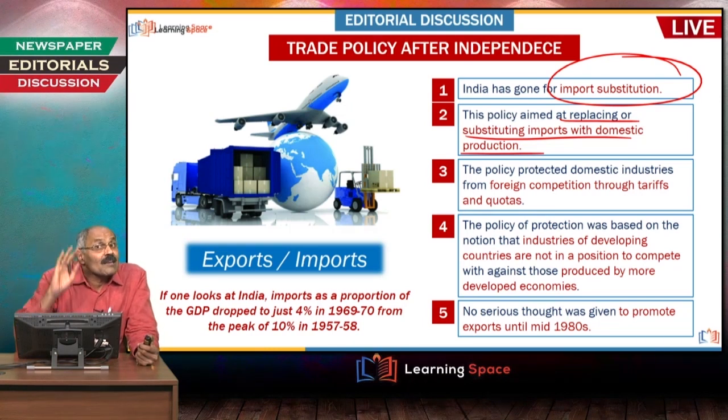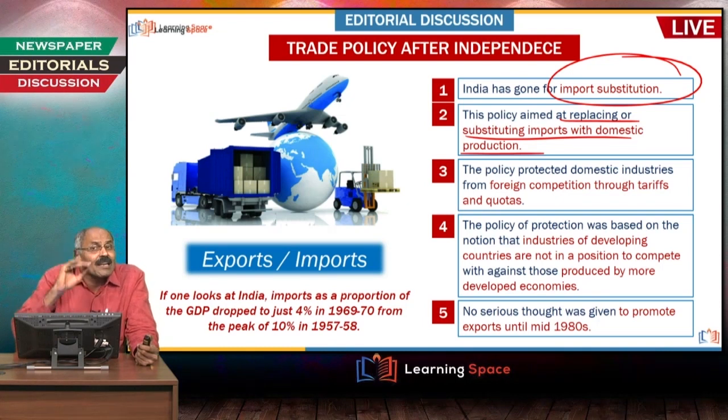What happened? There were several controls on imports, and in the 1960s, because of the import controls, several movies could not be made in color. In those days, color film was to be imported, so the movies which had a worldwide market, like Hindi and Tamil movies in the 1960s, earned some money, and then they imported the color film.